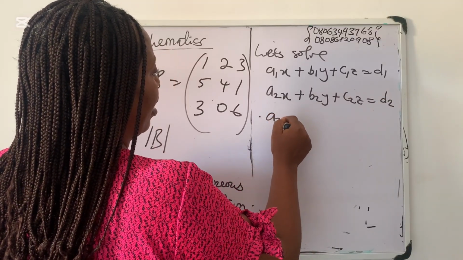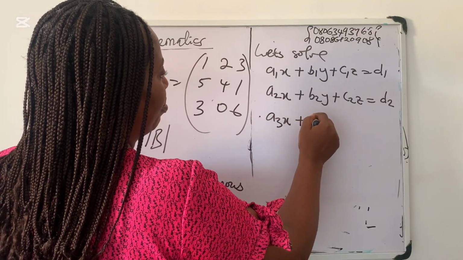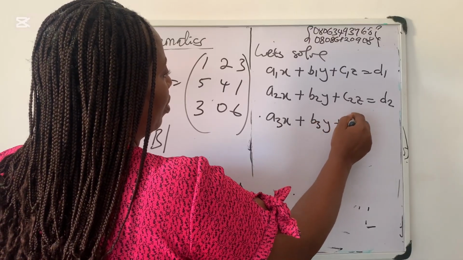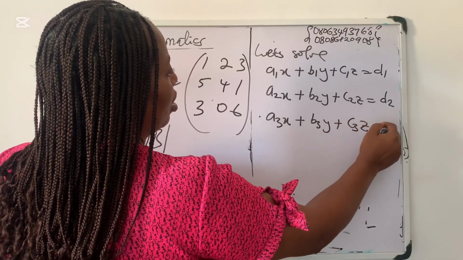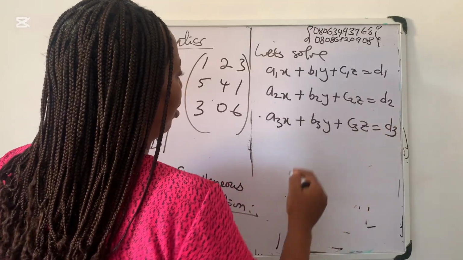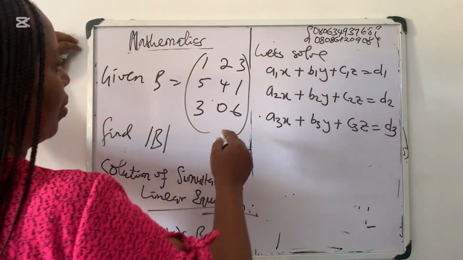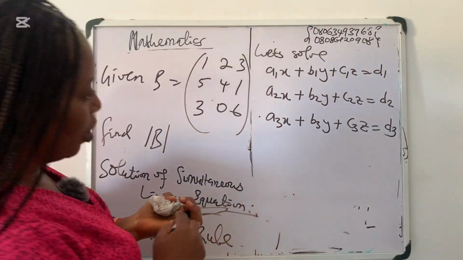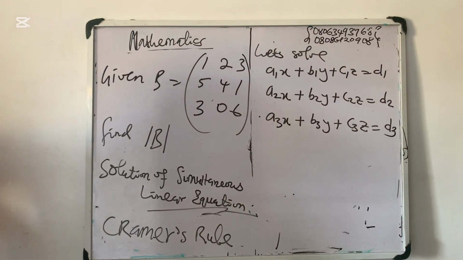Then A3x plus B3y plus C3z equal to D3. Now, we have to solve this. Before we start making use of figures, we are going to derive a formula we'll be using to get the values of x, y, and z.